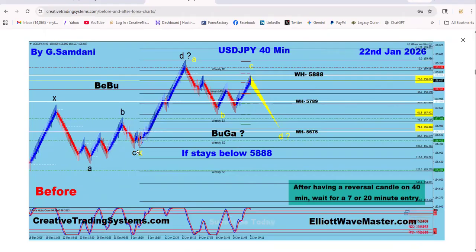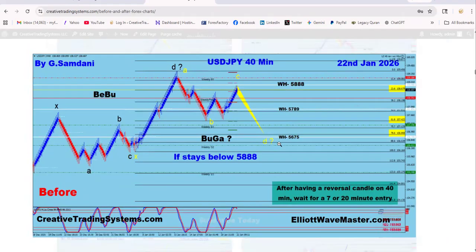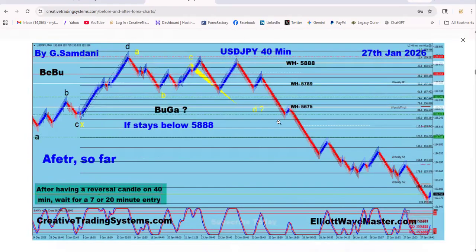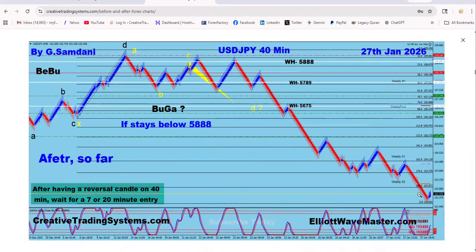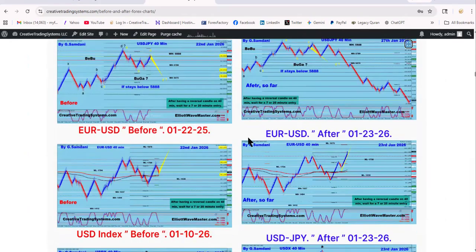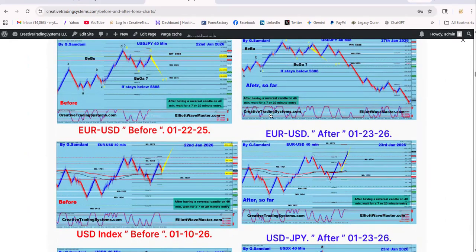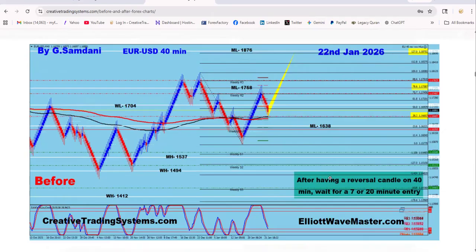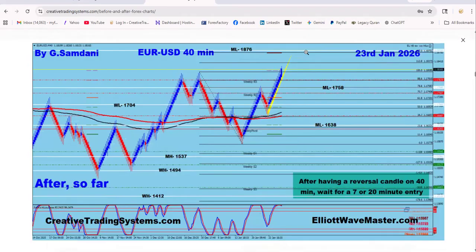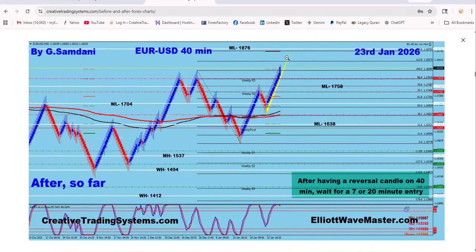An X A B C D harmonic pattern, and it came down not only to D, but went down big time all the way, because of the big news, and then the yen started to get very strong. This one is supposed to go up from here, and it did. So after making these charts and knowing where the price is going to go, taking the entry and then riding the rest of the day is not a problem.